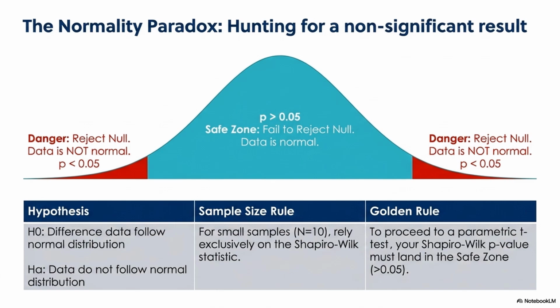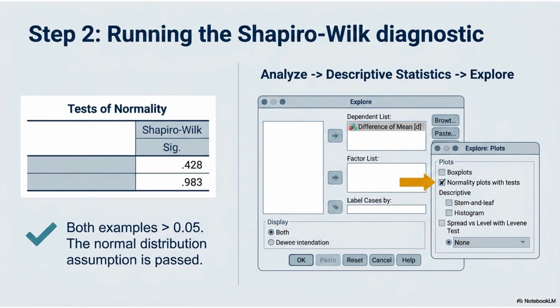For a small sample, n equal to 10, rely exclusively on the Shapiro-Wilk test statistic. To proceed to a parametric t-test using Shapiro-Wilk, the p-value must land in the safe zone. The safe zone is... running the Shapiro-Wilk diagnostic.